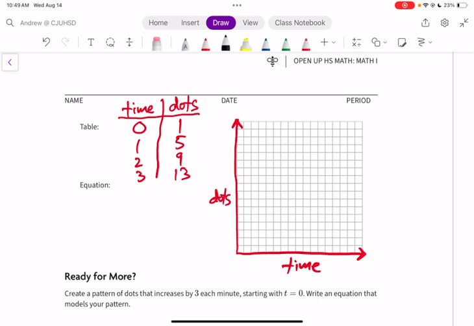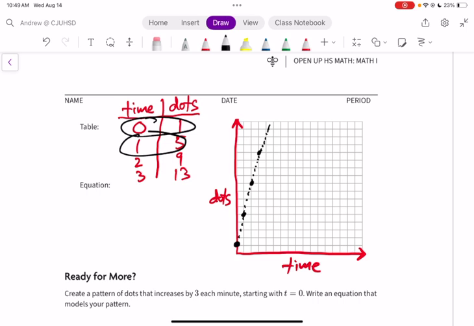So the first row of our table, 0, 1, that could be here. 1, 5 would be here. 2, 9, over 2, up 9, here. And what you should start to notice is we're going in a straight line. In fact, the straight line, if you extend it, is predicting what the next number of dots is going to be.